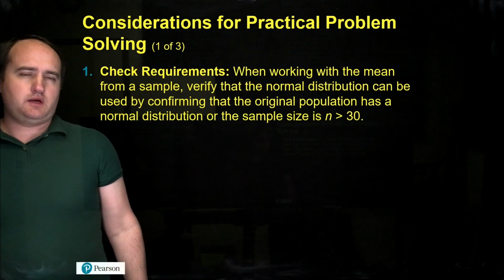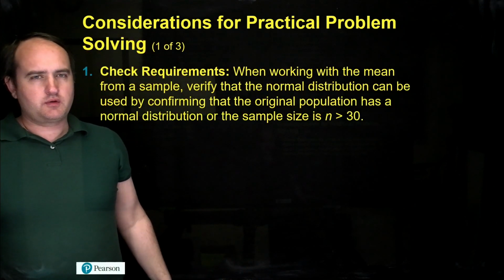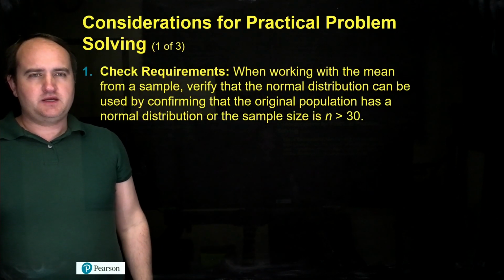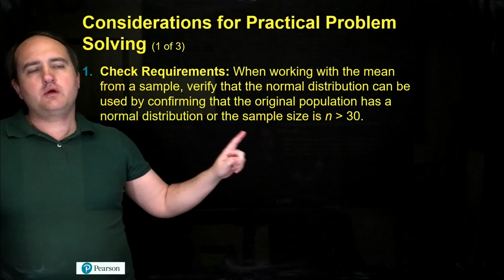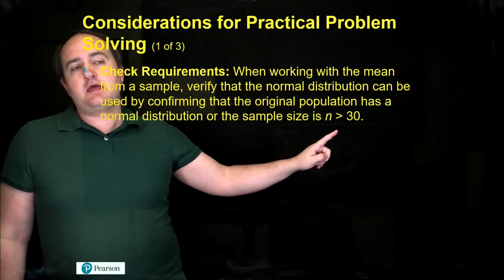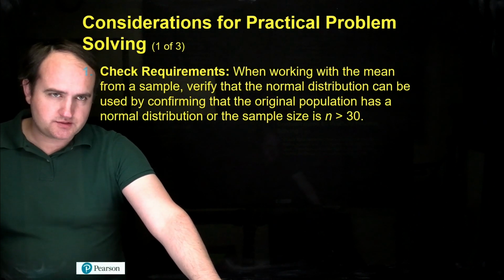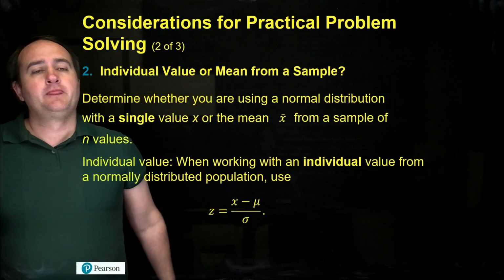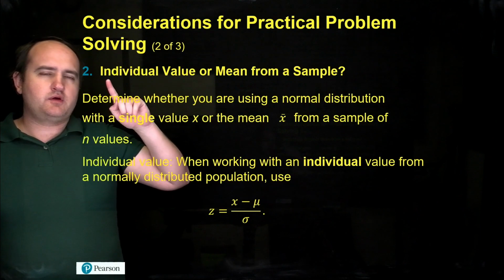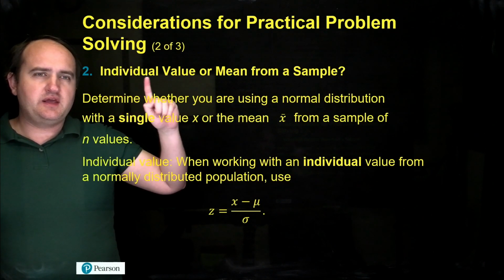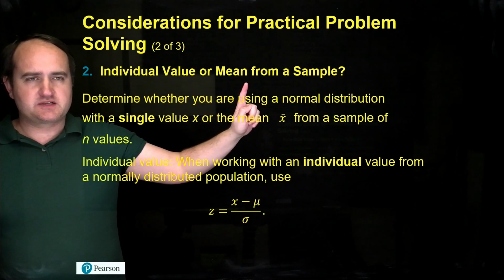All right. So if you're using the central limit theorem in the real world, all you have to check is that either the original population has a normal distribution or the sample size n is greater than 30. Okay, and then as long as those requirements are met, then you need to decide whether you're going to be looking at an individual value or the sample mean x bar.